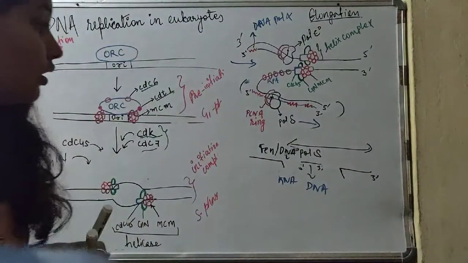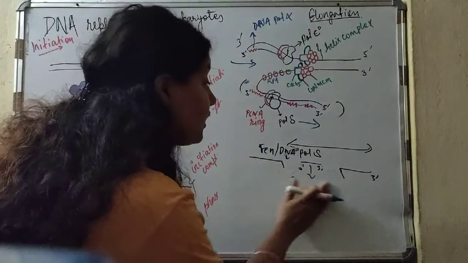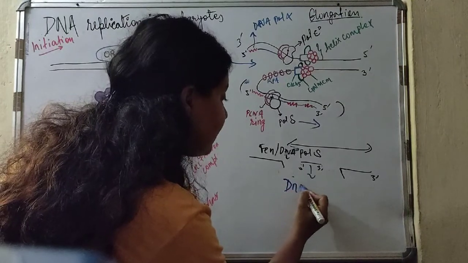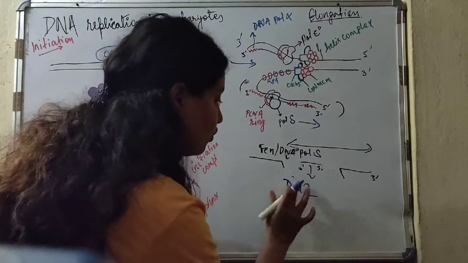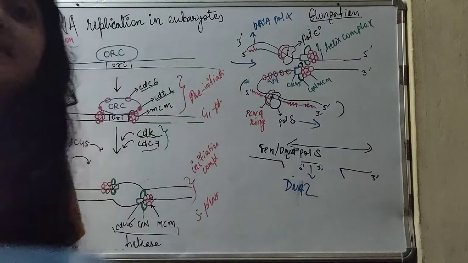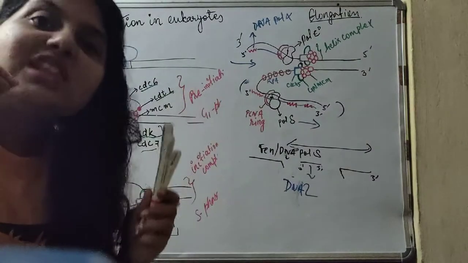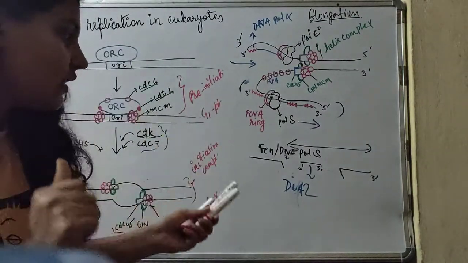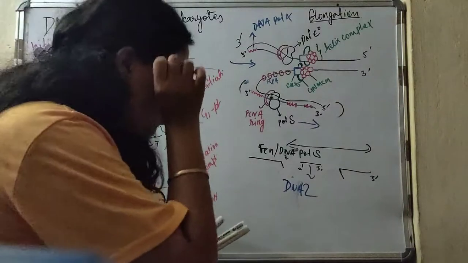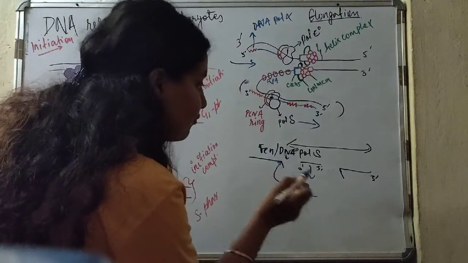And now, what happens is, see, another enzyme known as DNA2 is having both the helicase as well as the ligase activity. Alright, so what it will do is, with the help of the helicase activity, it will remove the flap.